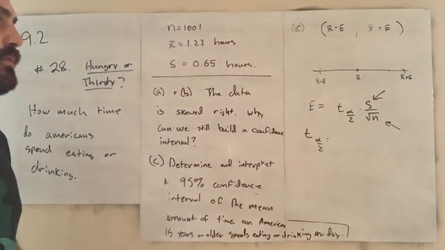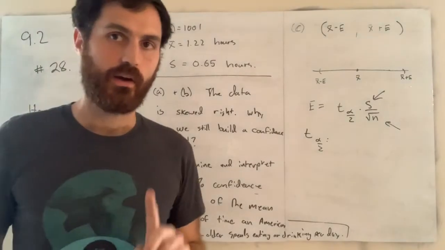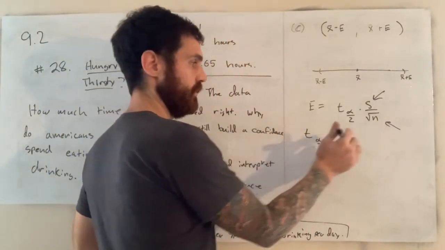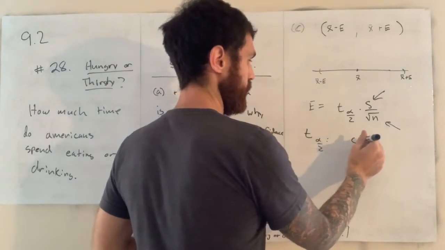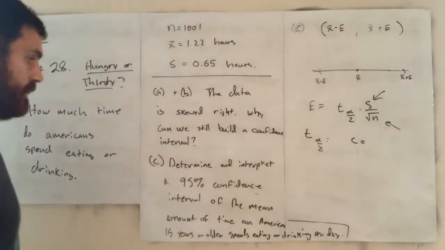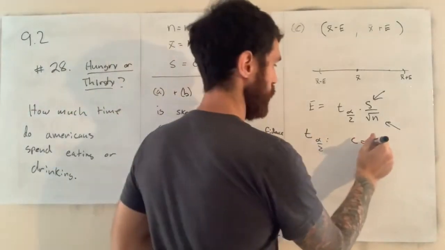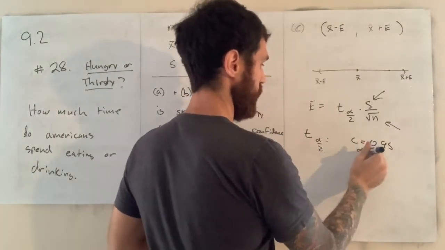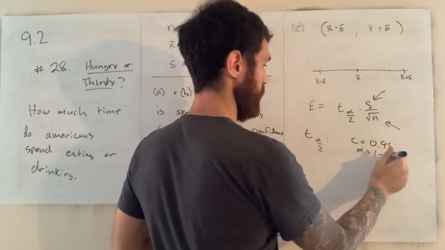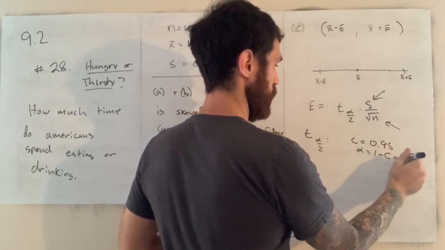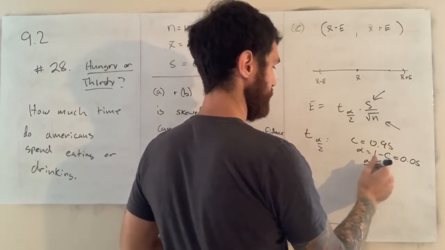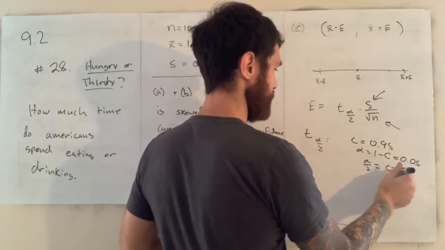Well, the t value is going to be determined by, we have to find the alpha. Well, if we want our confidence to be 95% or 0.95, then our alpha is going to be 1 minus the confidence, or 0.05, and alpha/2 is going to be half of that.